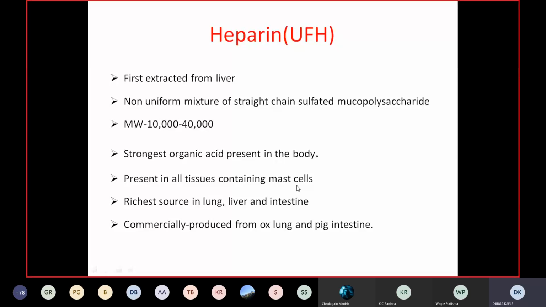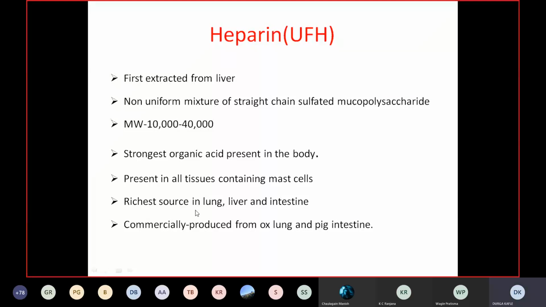Wherever the organs or tissues contain a high amount of mast cells, they contain heparin. Our liver has abundant mast cells, so it is highly extracted from the liver. That's why its name is given as heparin.